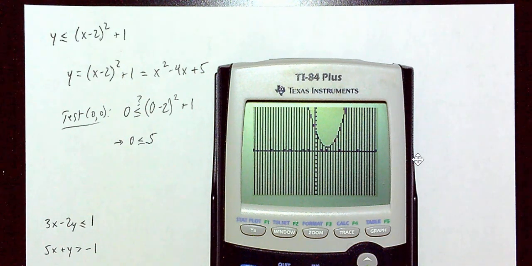If you're working with a system of two inequalities in two variables, a solution to the system is a solution that satisfies each inequality individually, but also at the same time.